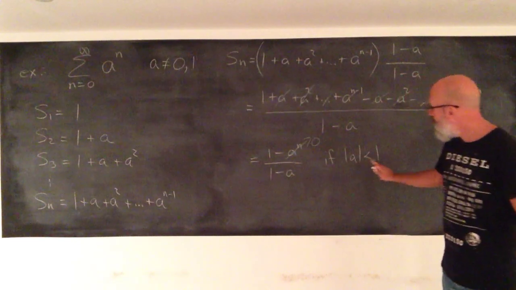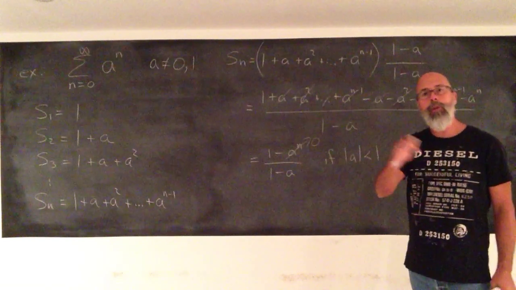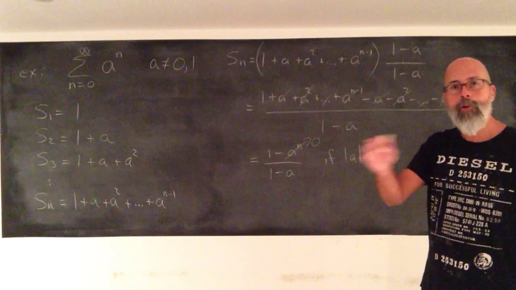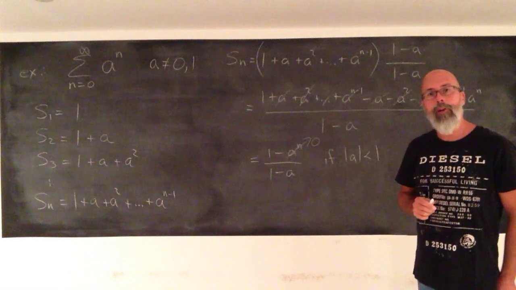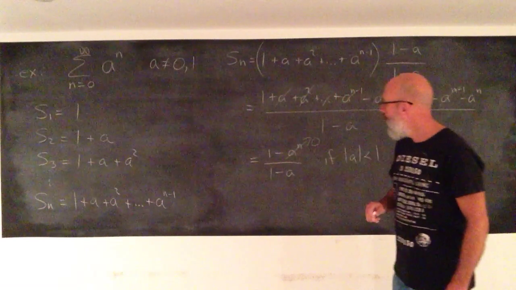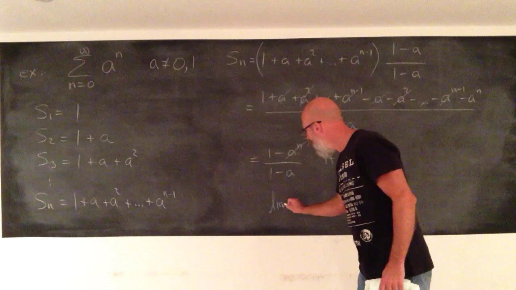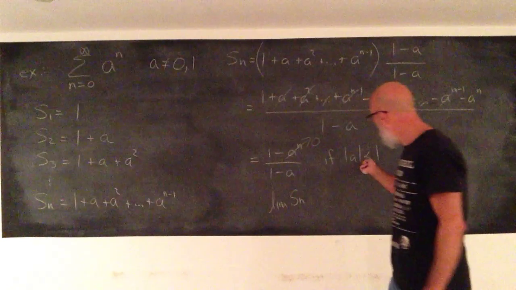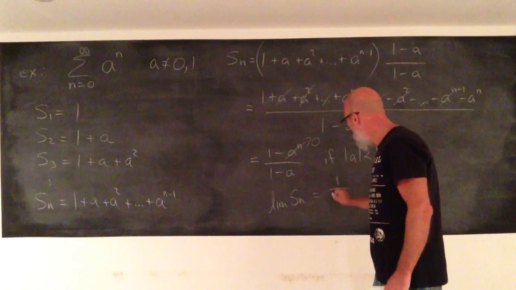If A is a number less than or equal to -1, you'll be alternating between large positive numbers and large negative numbers, and you're not going to get a limit. So the limit of Sn, if A is less than 1 in absolute value, is 1 over 1 minus A.